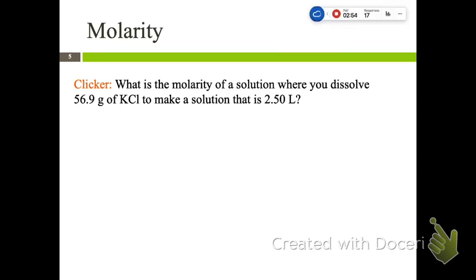Four is literally the same question as two. Okay, so what I did was I first found the molar mass of KCl, and then I used the molar mass of HCl to find the overall temperature.